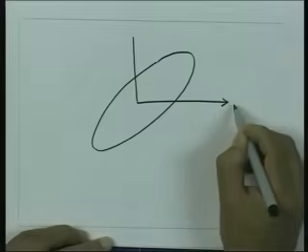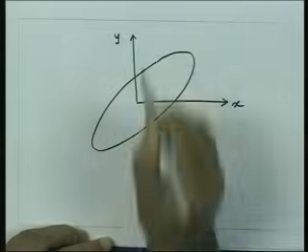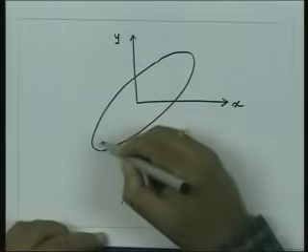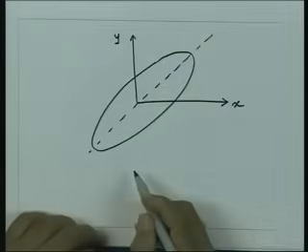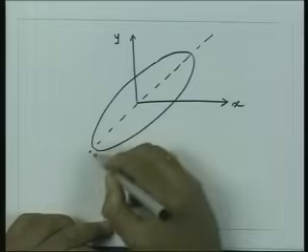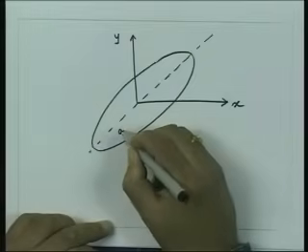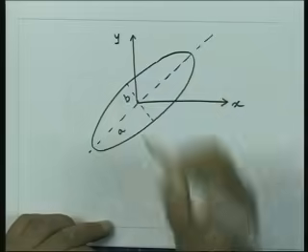This is the x direction, this is the y direction, this is the major axis of the ellipse, and let us say the semi major axis is given by A and the semi minor axis for this ellipse is given by B.